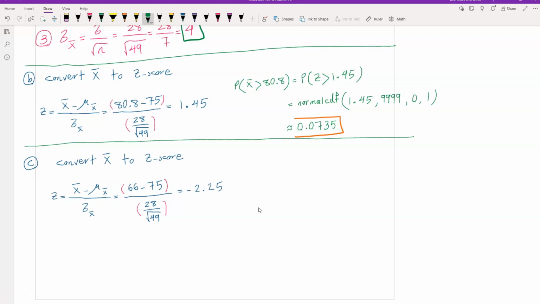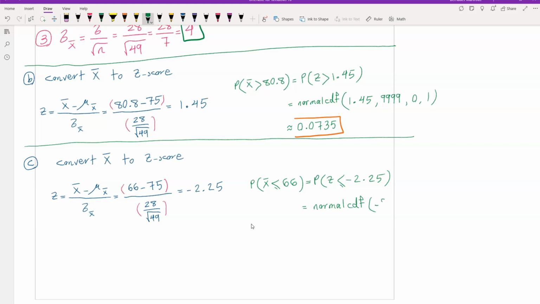Next step, find the probability. Here we have to use normal CDF. This is the probability when Z is less than or equal to -2.25, so we have to find the area to the left of Z. First we have to insert negative infinity, the same as what I did for part B. For negative infinity, I can enter -1E99, negative 1 exponent 99, or negative 9999.